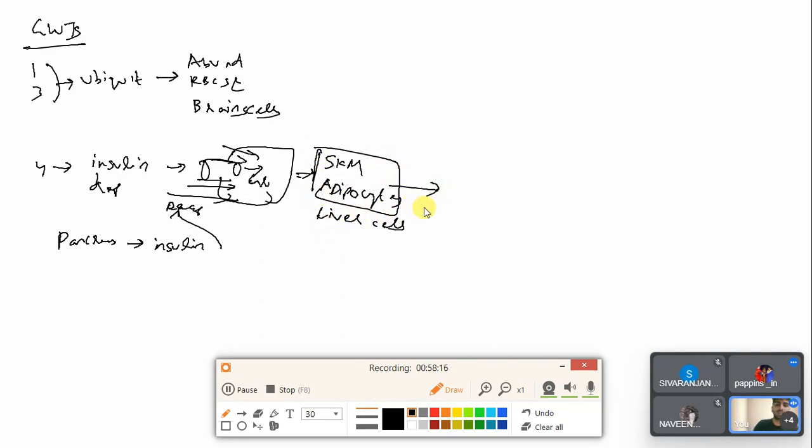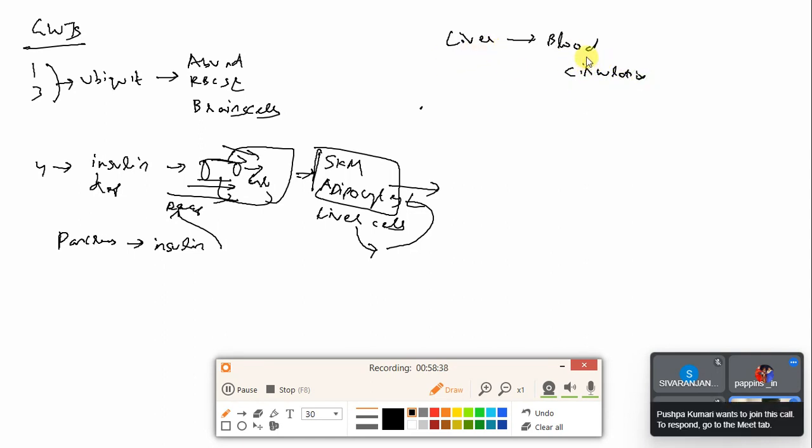Not even the liver. Most of the glucose in circulation passes through the liver cells and then goes to blood circulation. I hope you remember this: liver, then blood circulation. Liver is where it is letting out all the glucose.